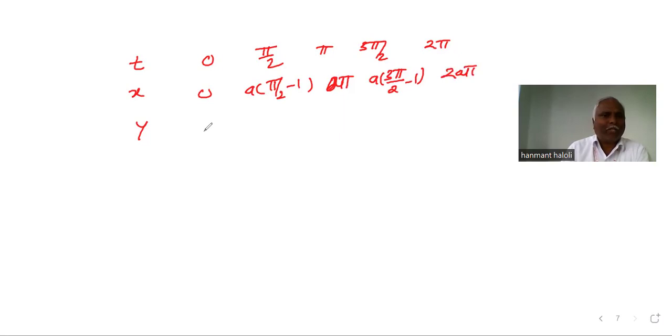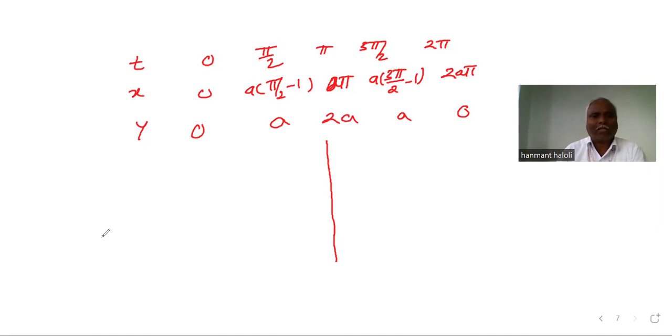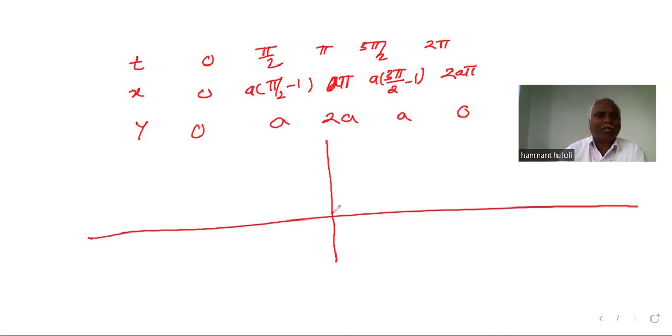Then y is 0, a, 2a, a and 0. These are the values. Then you get the curve like this. You get the axes; symmetry about the y-axis. This is a and 2a, the limits of y, a and 2a are the upper limits.